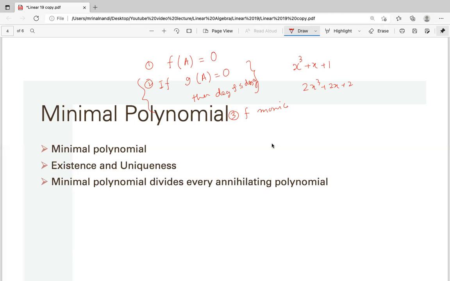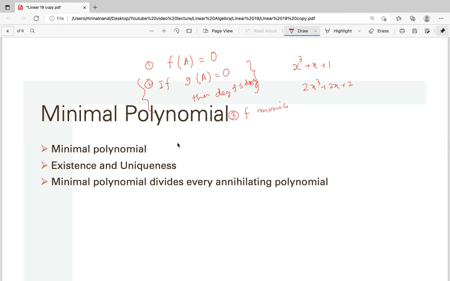Same thing is here. There we took less than and, equivalently, divisor. Here also, we take the least degree, or equivalently we can take f such a polynomial which divides all the polynomials which annihilate A. So this is a theorem.